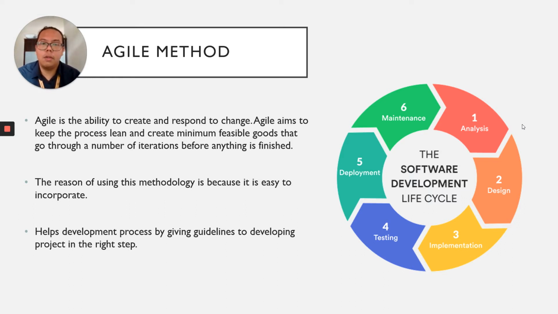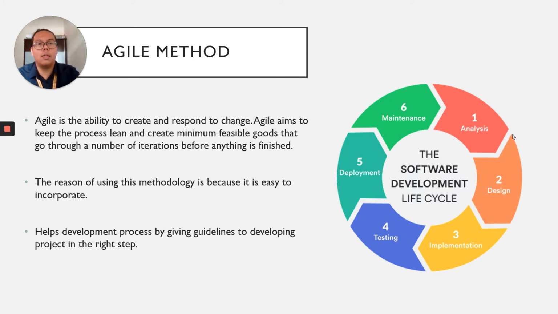The reason I use this software development lifecycle is that this methodology provides easy and incorporated phases to use, and it helps the development process by giving the guideline and developing the project in the right step.